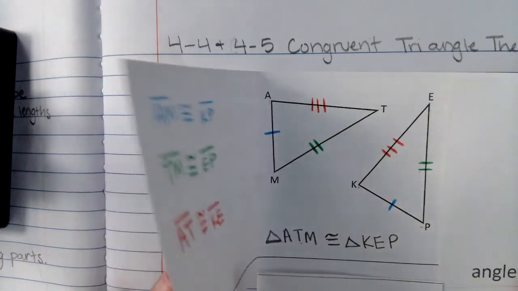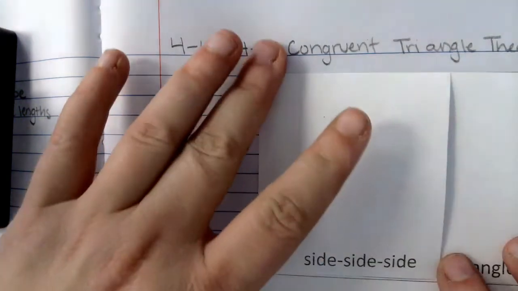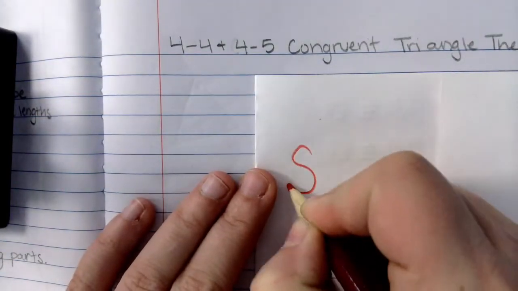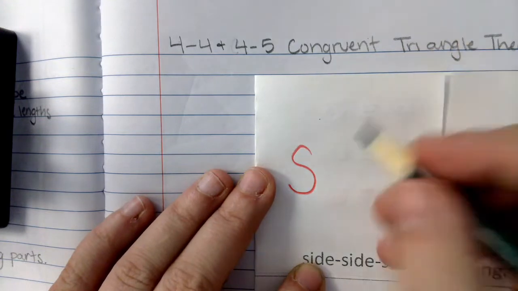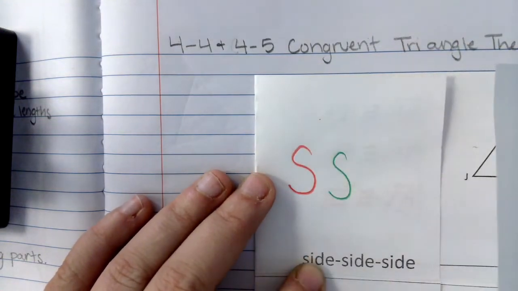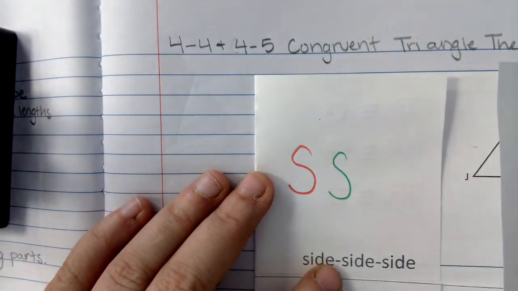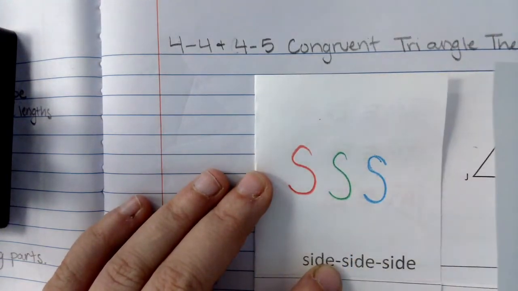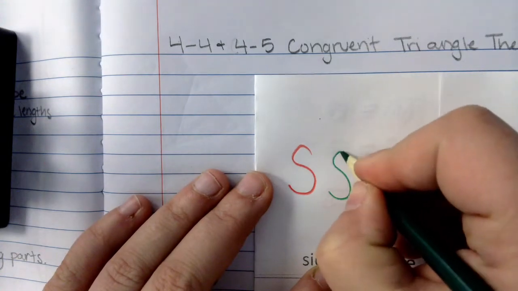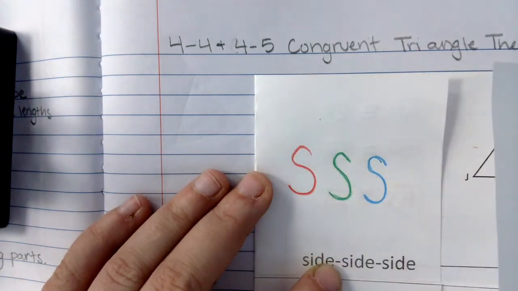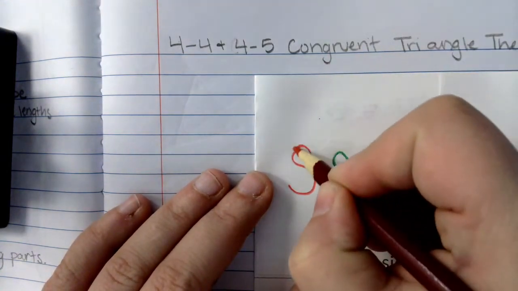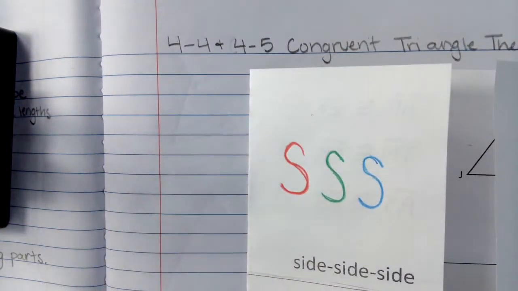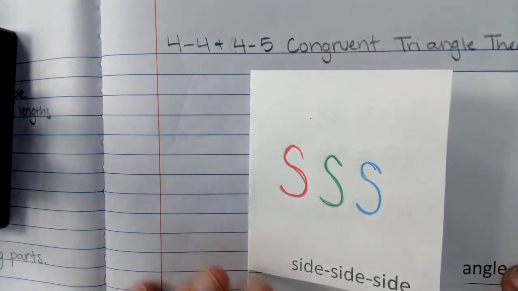We're going to call capital S, capital S, capital S. So we have side, side, side. Okay, and I'm just using the same colors as my sides here. They were all sides, so it doesn't matter which color is which.